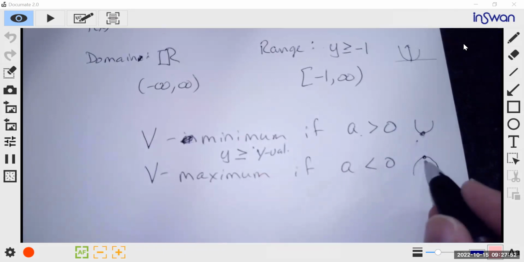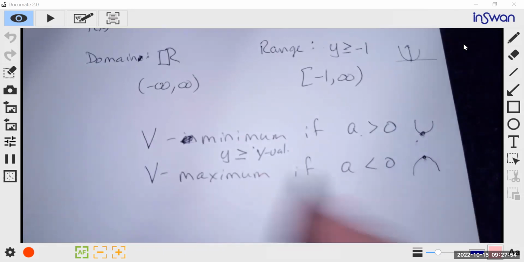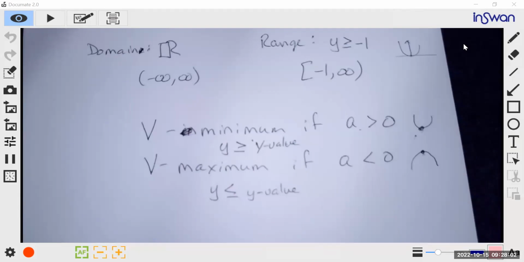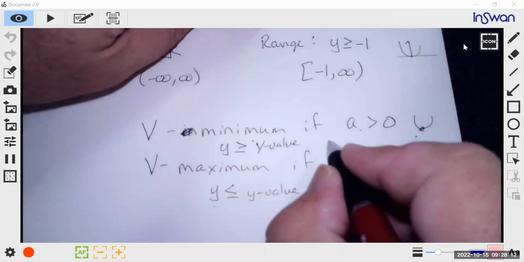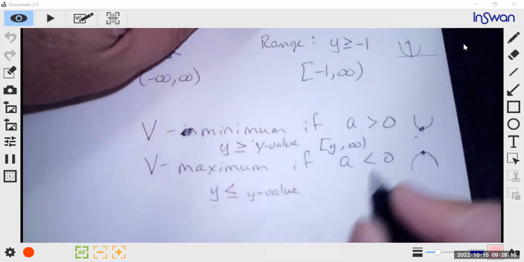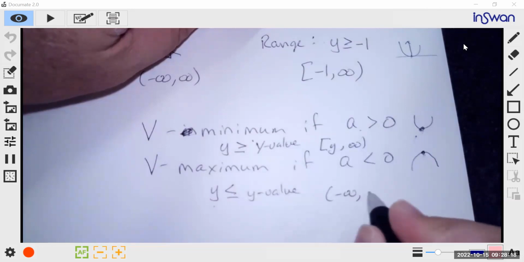If A is negative, then the range is y is less than or equal to the y value. Or y comma infinity, negative infinity comma y.